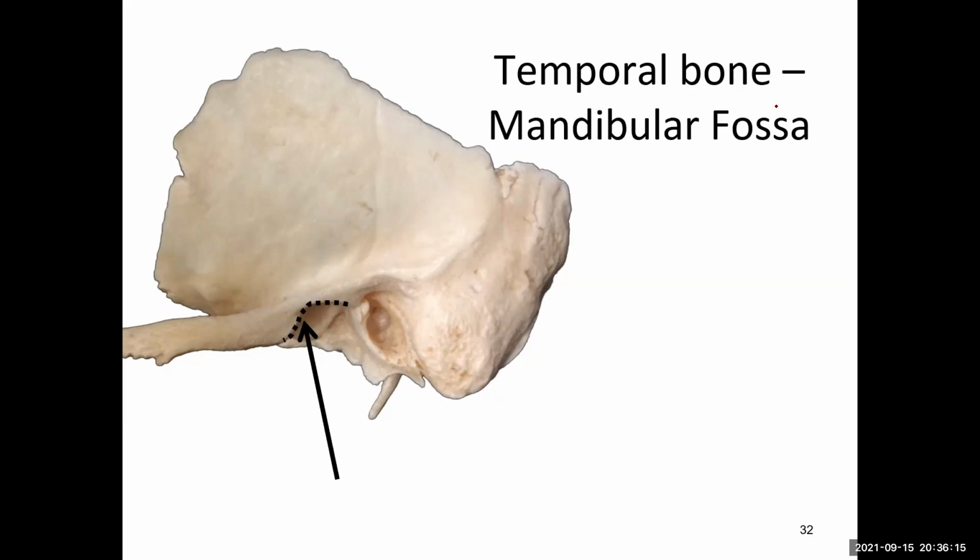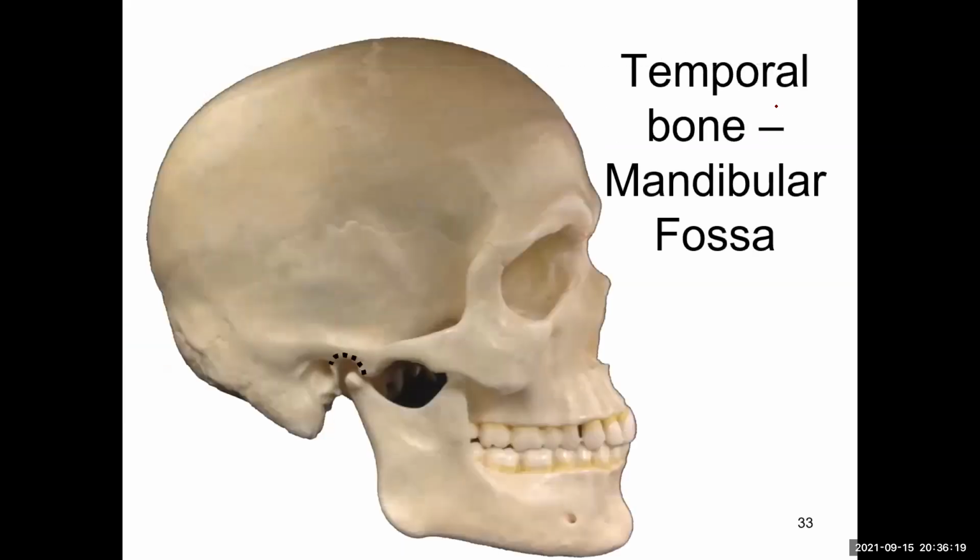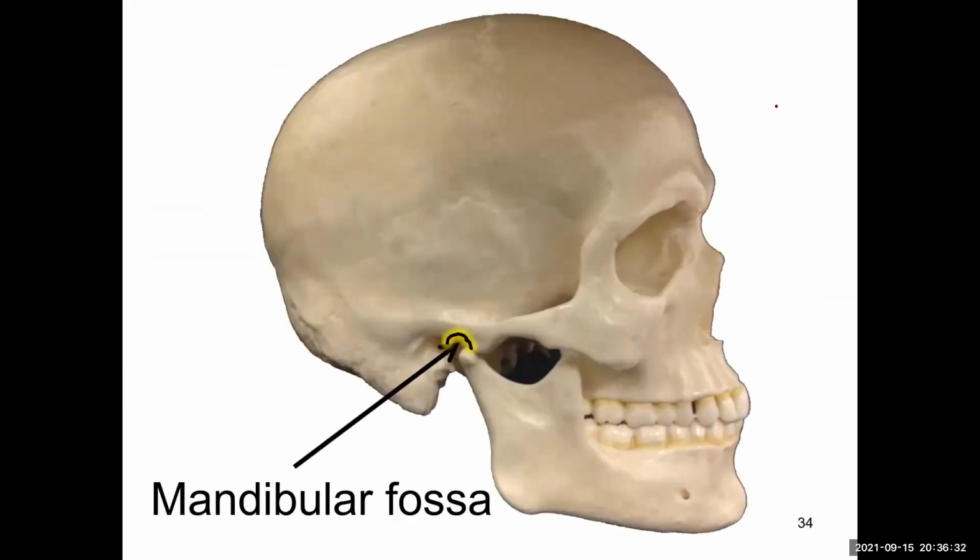I'll show you that here in a second. So that indentation or depression, it's the mandibular fossa. Now you can see the mandibular fossa with the mandible in place. And so that joint there forms the temporomandibular joint. Here you can see it on this model.